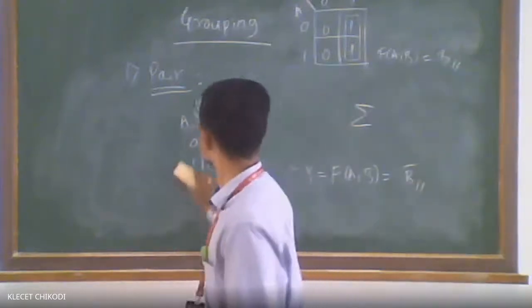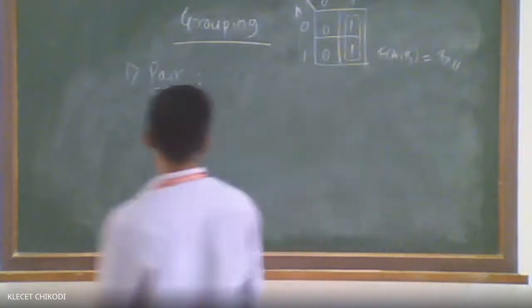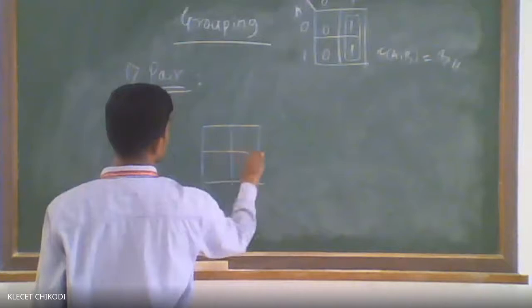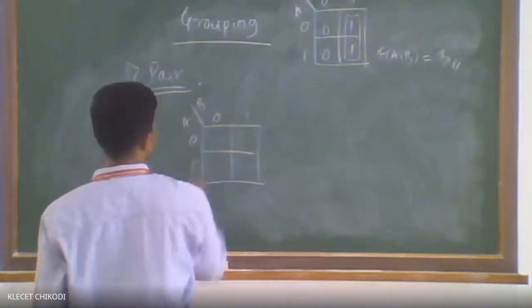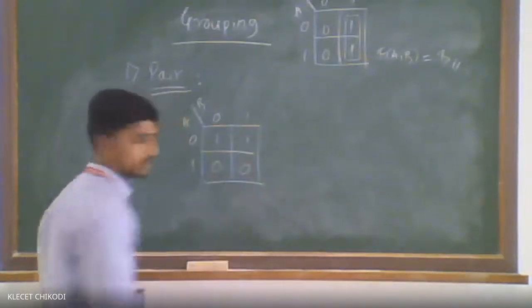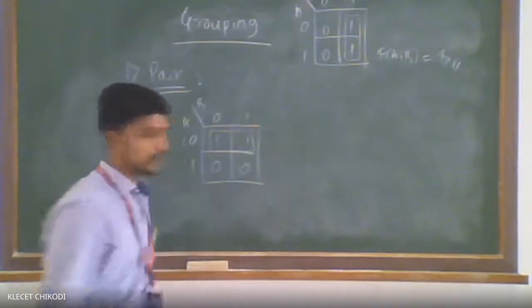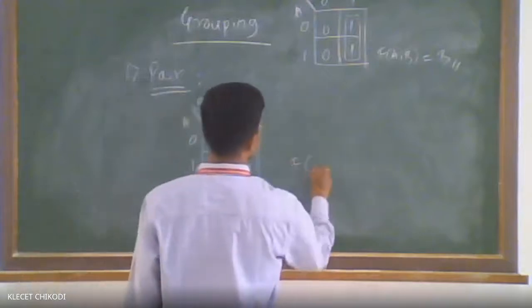Now write for this one: A, B, 0 1, 0 1, 1 1, 0 0. Now there is a pair possible here. What is the minimized Boolean expression we get?